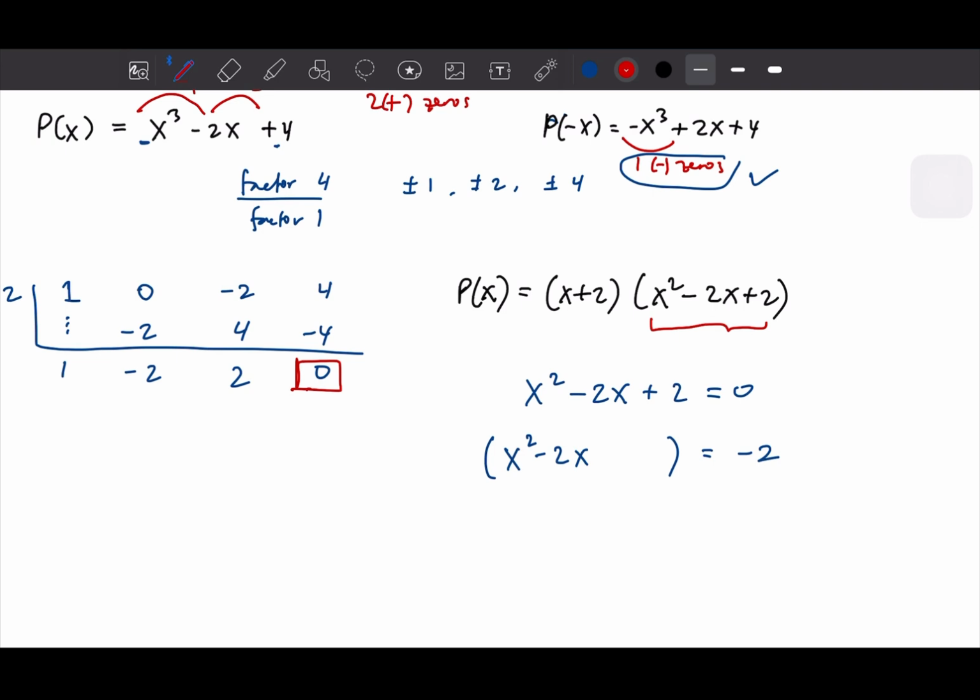So I think we need to add 4, right? Oh no, 1, sorry, plus 1, and then this should also be plus 1. So we could have (x minus 1) squared, and then this will be minus 1.